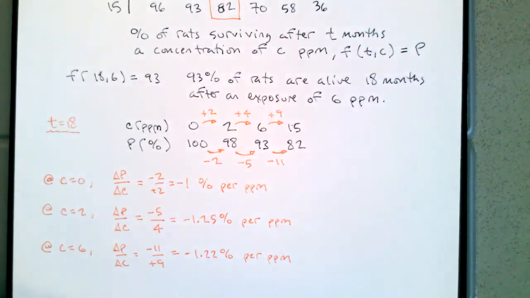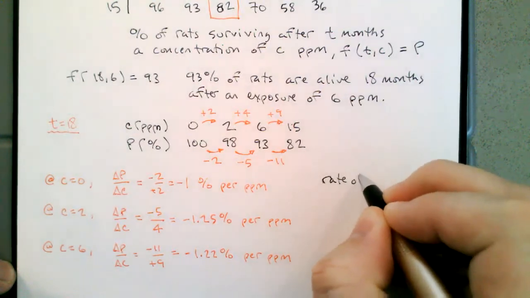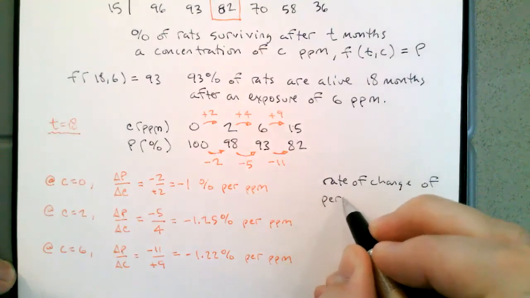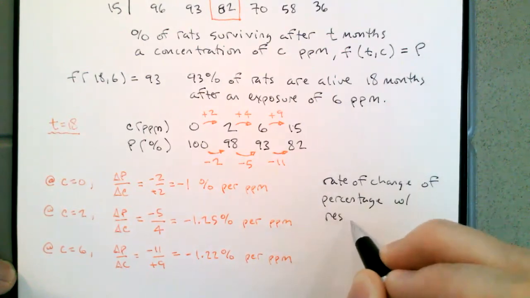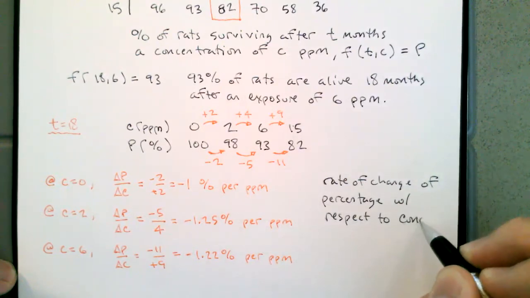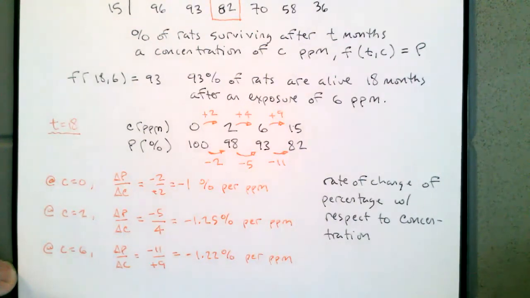So here we're looking at the rate of change of the percentage with respect to the concentration for a fixed value of time. So we're looking at the rate of change of the percentage with respect to concentration for a fixed value of time.